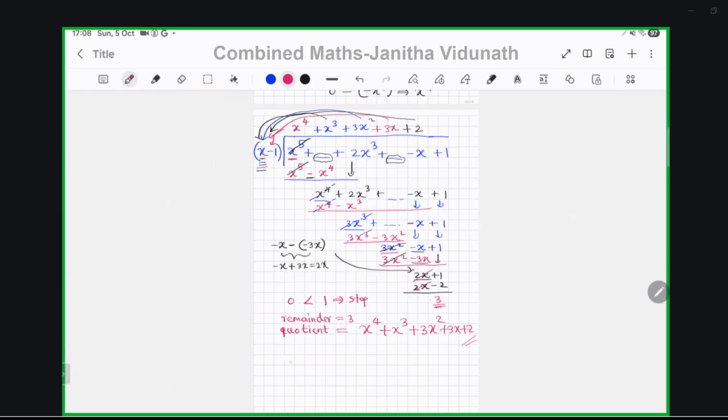This is the question. 2 times x to the power 4 plus x square plus 1 minus x needs to be divided by x minus 2. This is the question.